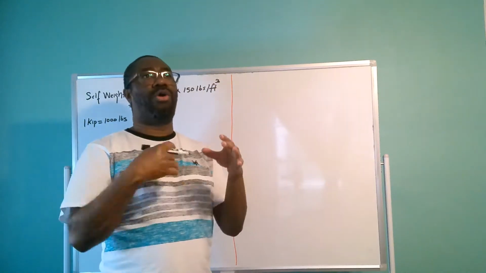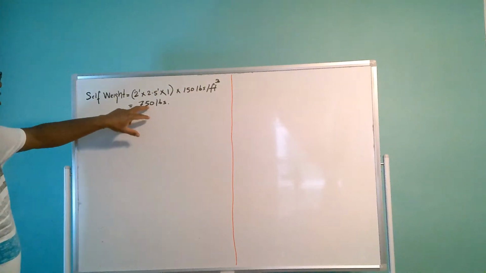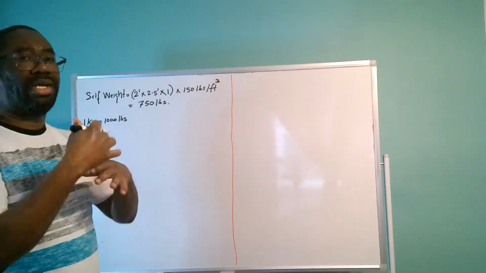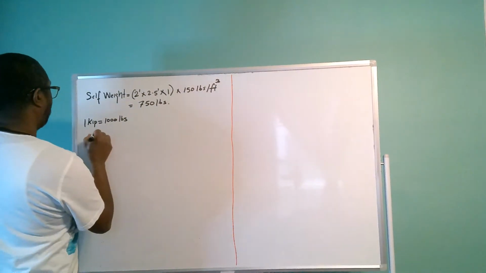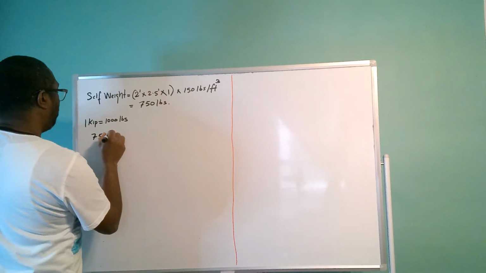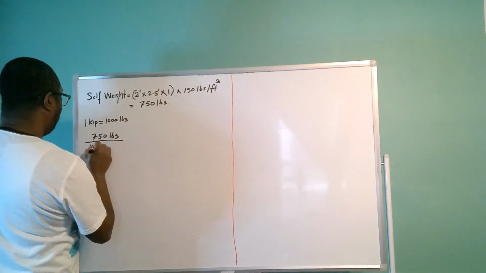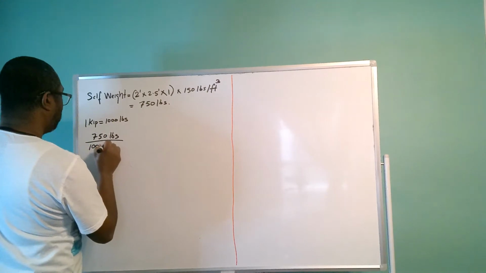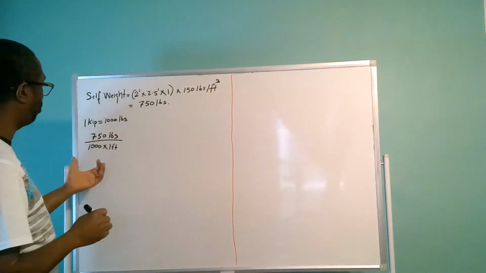And also we are working in kip foot, so we have to bring this 750 pounds to kip foot. In order to do that, we divide 750 pounds by 1,000 times 1 foot, because we are bringing this to kips per foot.